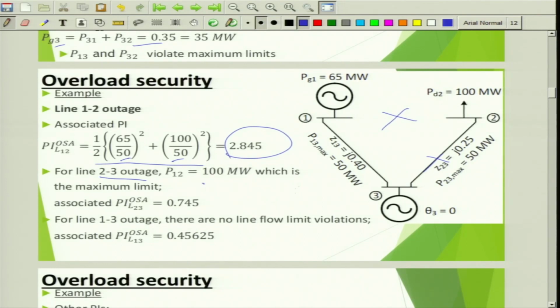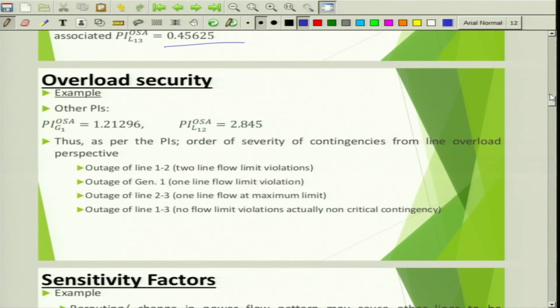Then you get P12 equal to 100 megawatt, which is the maximum limit, and the corresponding performance index is 0.745. This is okay comparatively. And then line outage 1, 3 is even less critical. You get 0.45625.